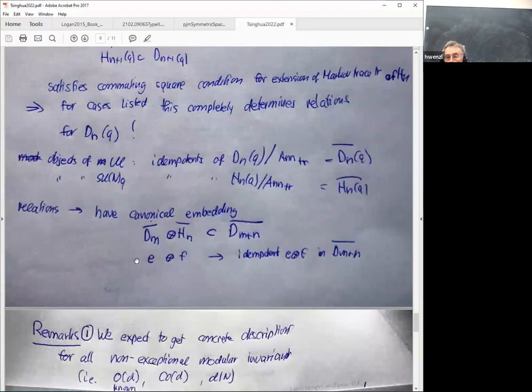And so hence this will define the module action, because if here we have an object E of the module category, F is an object of our category, then E tensor F is again an idempotent in this bigger algebra, which corresponds to an object in our module category.